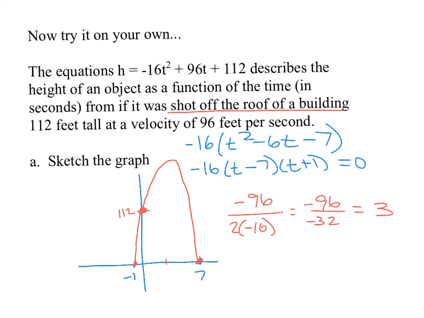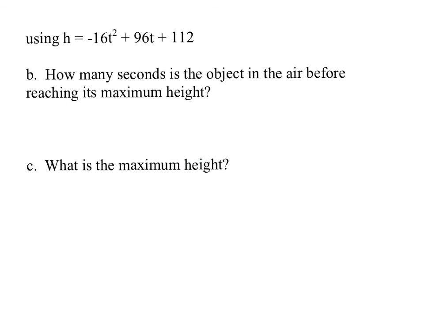So we have 3 in the middle, and then we plug 3 in. Negative 16 times 9, plus 96 times 3, plus 112. And I got 256. All right, so now I made my picture, and a lot of my answers for later on will probably be on this page, so keep this handy.